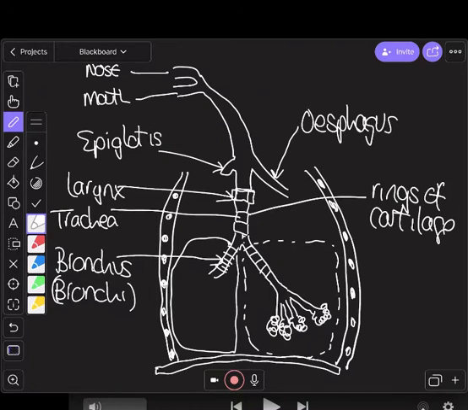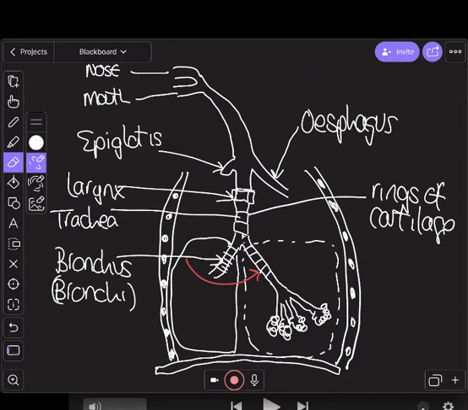If it was bronchi, I would put in a second label here, but I'm not, because I'm using the singular. Please be aware of that, and even for the SEC, if they give you the diagram, have they given a singular or a plural, and you give them back the same thing.